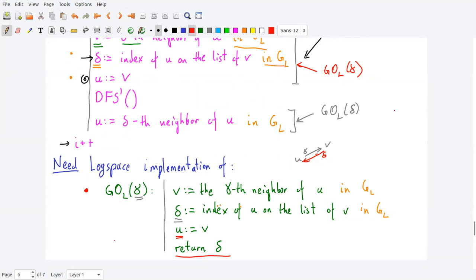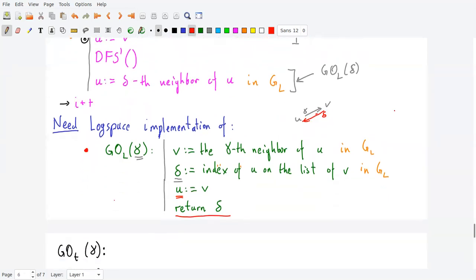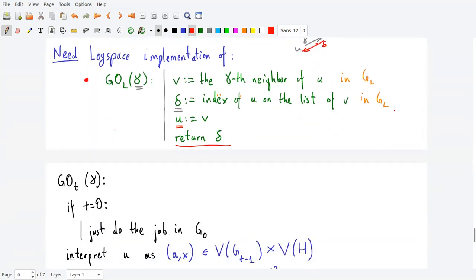This is almost the finish. Namely, we need to emulate how to implement traversals of neighborhood lists in the graph GL. And we will also do this by recursion.